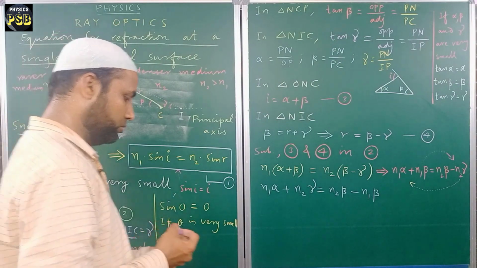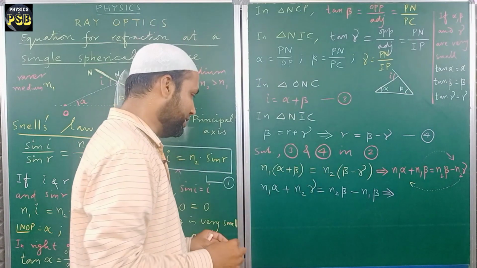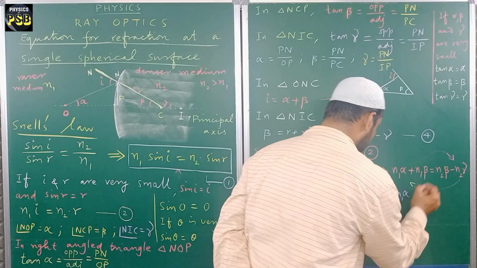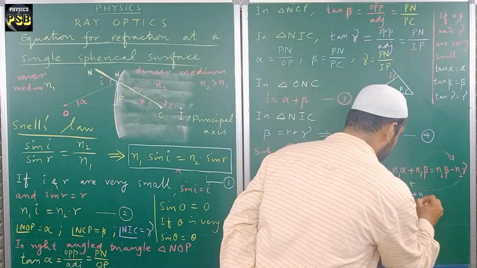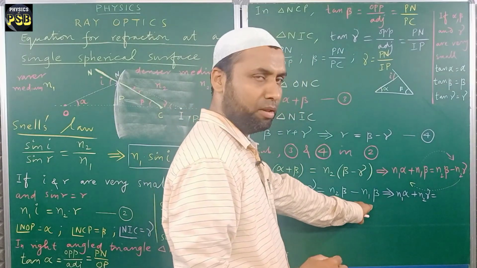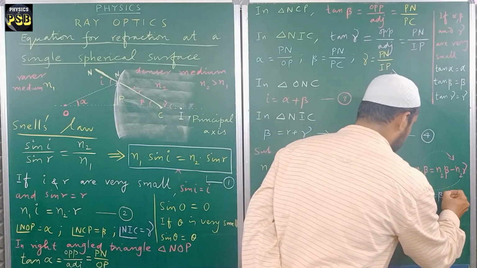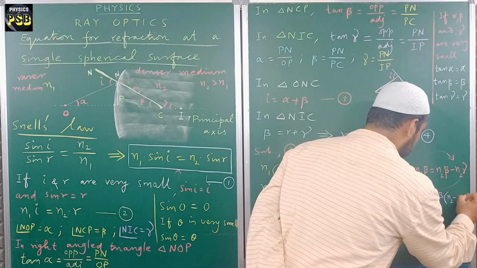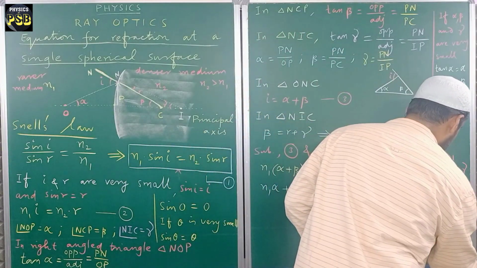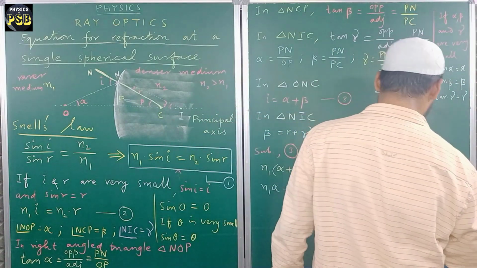Now I'm going to simplify this. I keep n1 alpha as such plus n2 gamma is going to be equal to, here beta is common in both, so it is taken out. Beta multiplied with n2 minus n1. This is equation number 5.